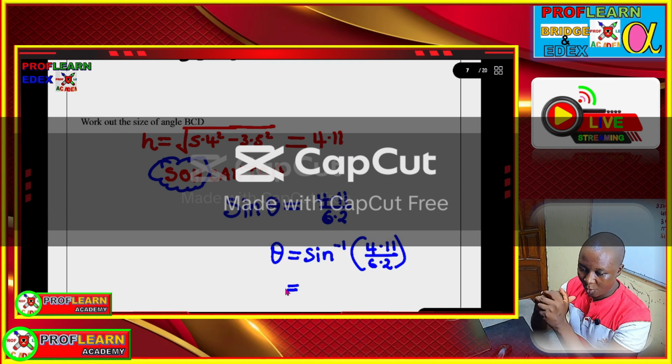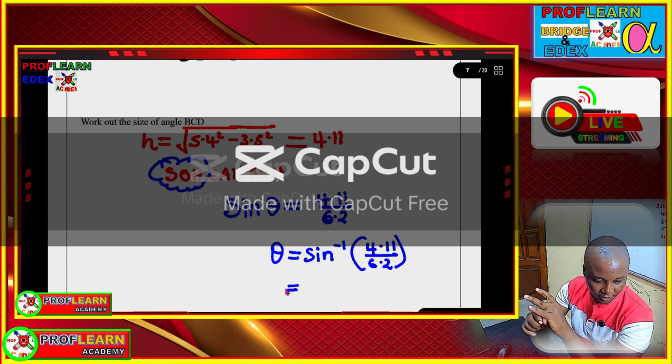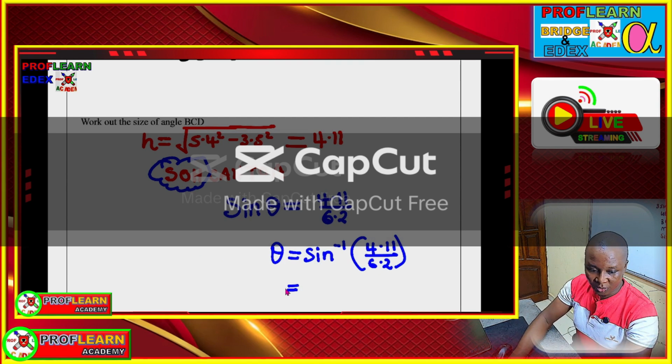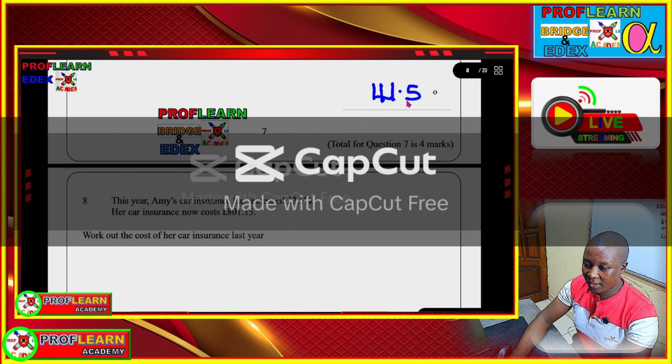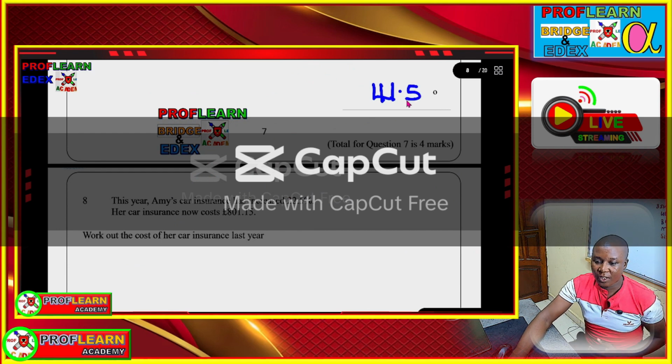And working this out using our calculator, we are going to find our answer equivalent to 41.5 degrees. So the angle there is 41.5 degrees.